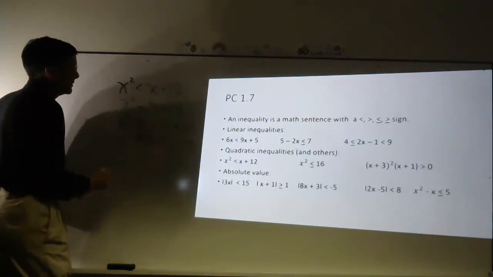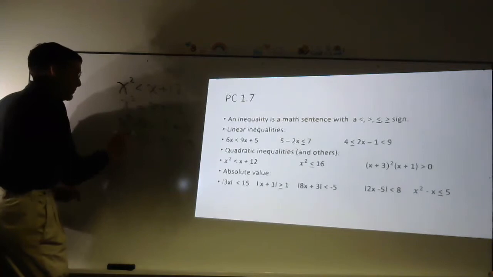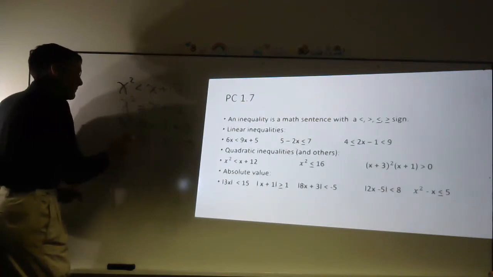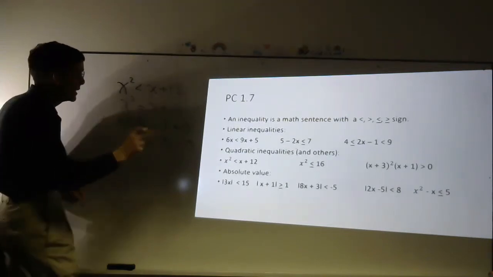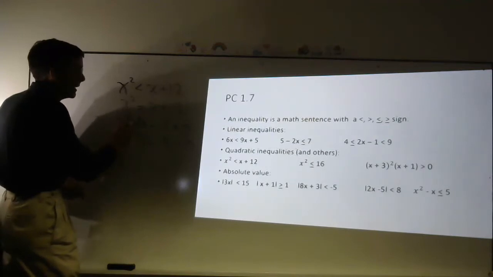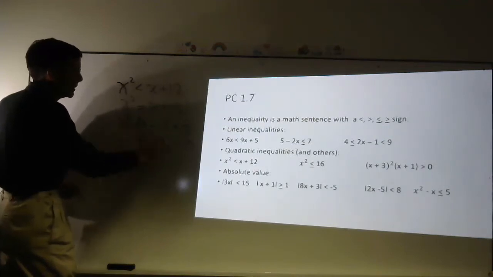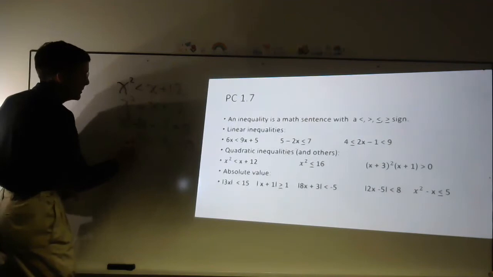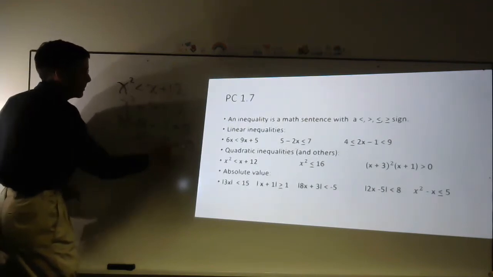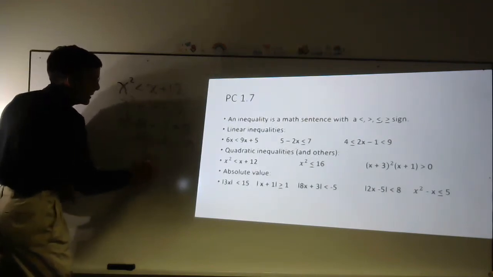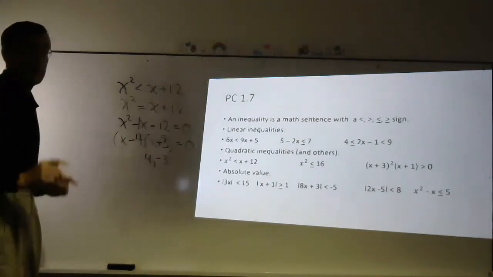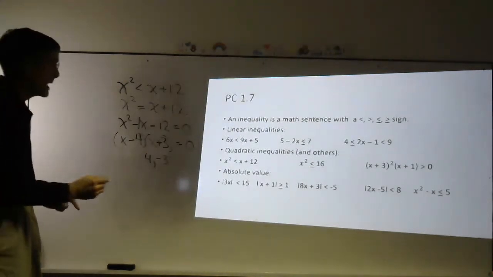How about the signs? To get a negative 12, you have to have either a negative and a positive or a positive and a negative. And the trick is look at this sign and put it with the bigger one. The inners are bigger than the outers, so negative, positive. Set each part equal to 0, and you're going to get 4 and negative 3. Yes? Those are the boundary points.